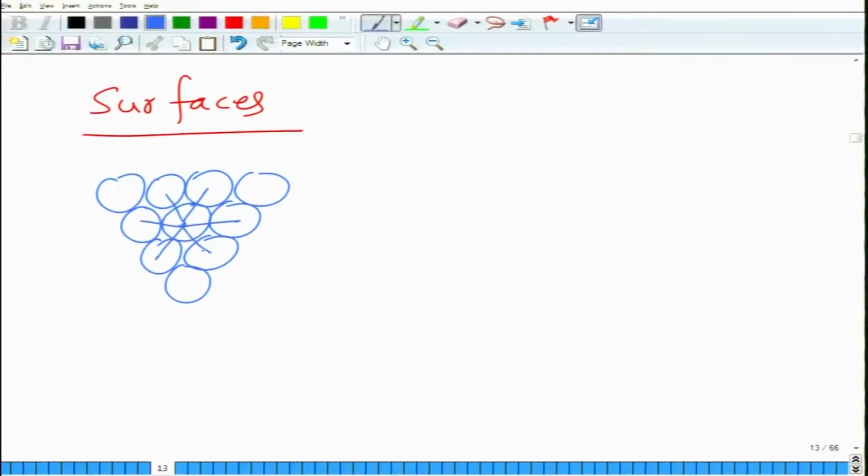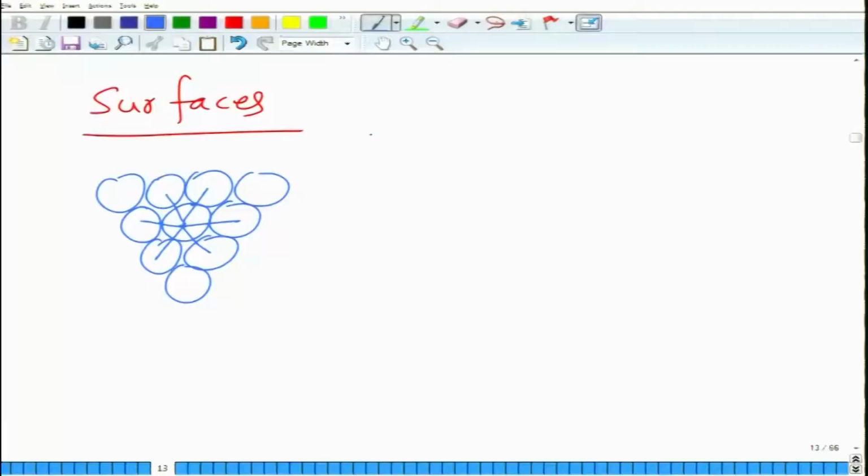It will have 3 neighbors below the plane, and if there was a next layer present, it will have 3 neighbors out of the plane. But suppose it terminates here, this is the final surface, there is nothing above this, which means the bonds are broken. As a result, there is some positive energy, because creating a surface requires you to break the bonds. As a result, there is a cost to create a surface.